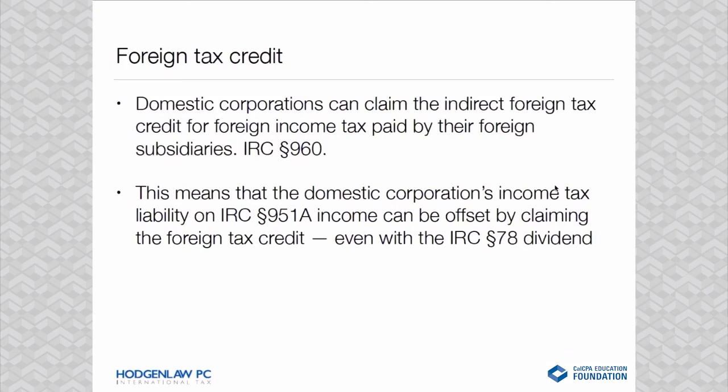And you're going to see how, just as with the Section 962 election scenario, the indirect foreign tax credit is going to 100% offset the Section 951(a) gross inclusion and the tax liability on that. So net tax liability on the Section 951(a) inclusion after foreign tax credit is going to be 0. So we have 0 tax on the dividend, 0 tax on the gross income inclusion of Section 951(a). Winner, winner, chicken dinner.